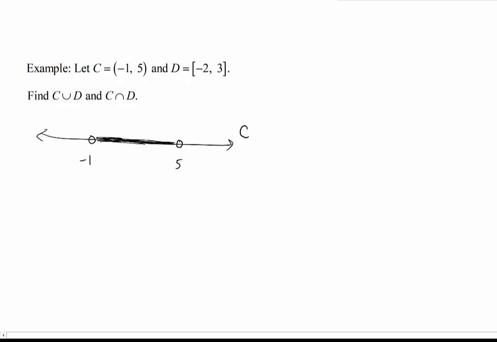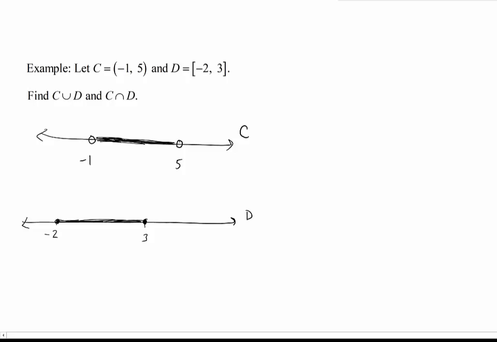Whereas set D down here, I'm just going to stack a number line right on top. -2 is maybe somewhere down there. And then 3 is maybe somewhere about right there. Here we're going to draw dots at the endpoints and also shade everything in between. So those are two graphical representations of these intervals.